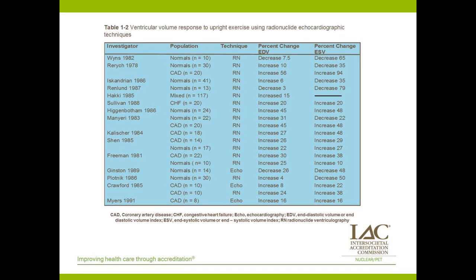And if we look in the last two columns, percent change in end diastolic volume and percent change in end systolic volume, we see that across a number of different studies, in general there's an increase in these volumes when a person exercises. It's not uniform across all studies, but we do see that for most there is some modest increase.